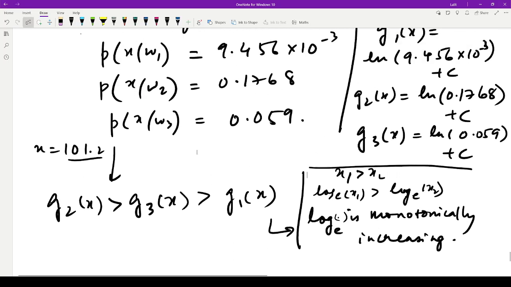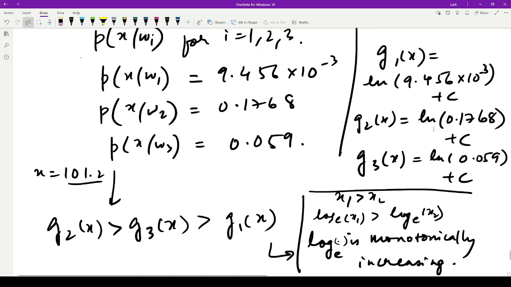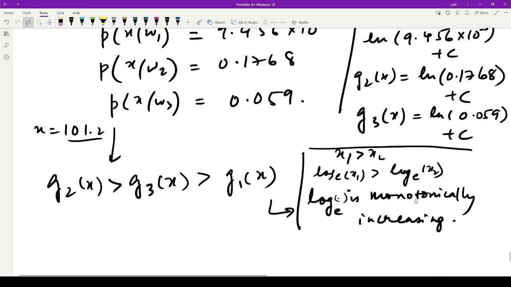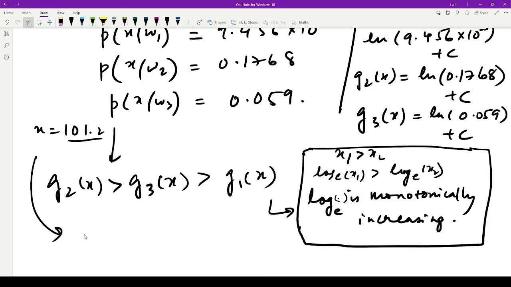So that's why I'm directly saying this without computing these values. Okay. So your final answer is it belongs to class 2, which is mild fever. Any doubts?